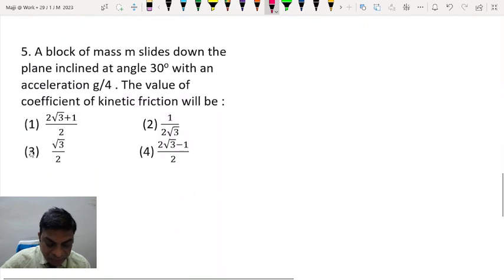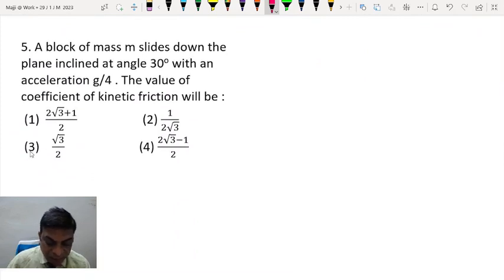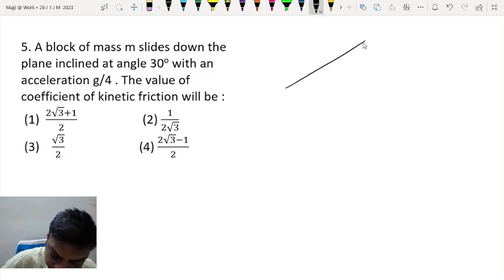A block of mass m slides down the plane inclined at angle 30 degrees with the acceleration g by 4. The value of coefficient of kinetic friction will be. It's very simple, students. See here, this is the block. The block is sliding with a certain acceleration given as g by 4.